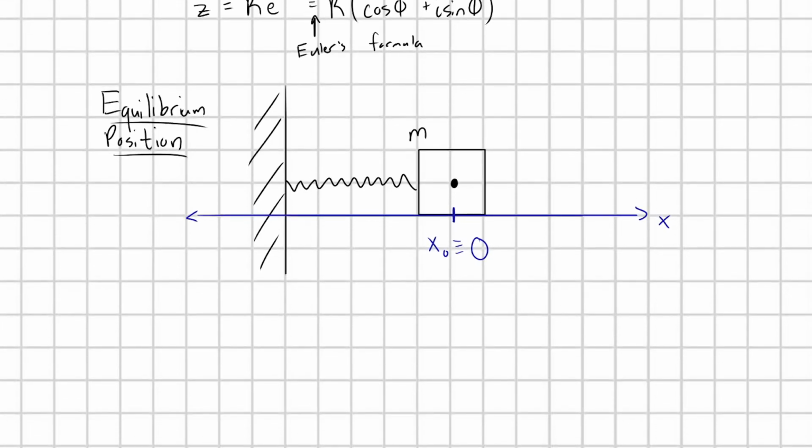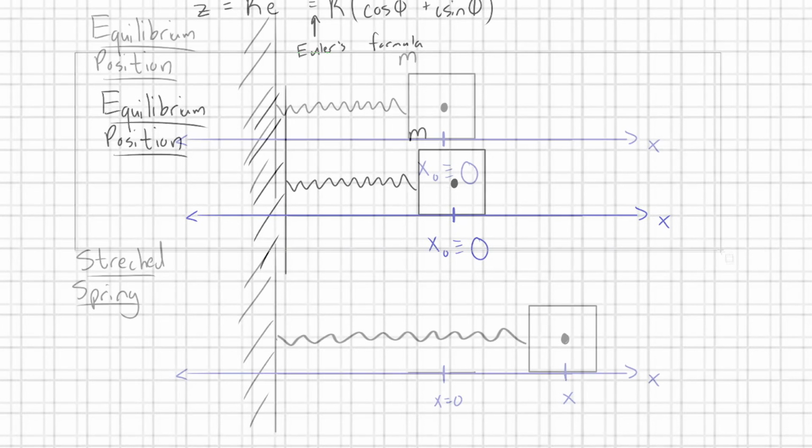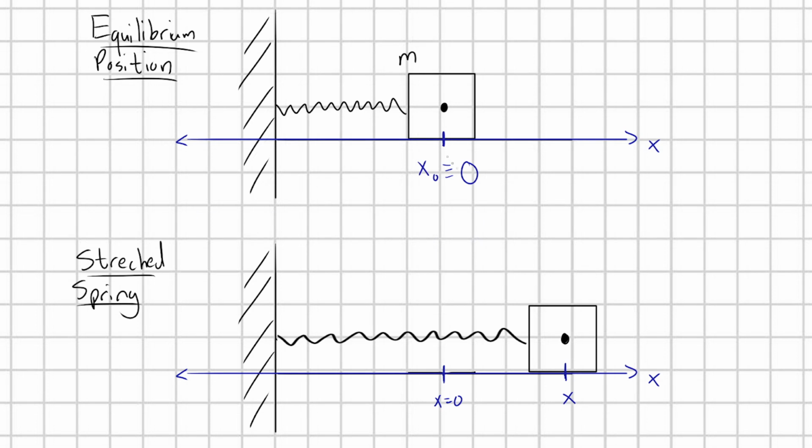Next, let's imagine that we actually stretch out the spring. All I've done here is take my spring and stretch it out so that instead of my cube being at x equals 0, now it's at some position x. For convention, we choose to define our positive direction to the right and our negative direction to the left.